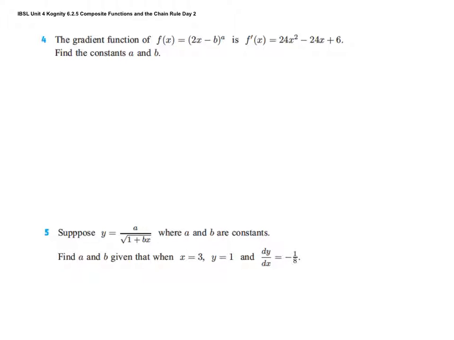Okay? So they give you a function, but we're not sure what the b and the a are. But we're given f prime. So let's think about this. How would we go about figuring out what a and b are?